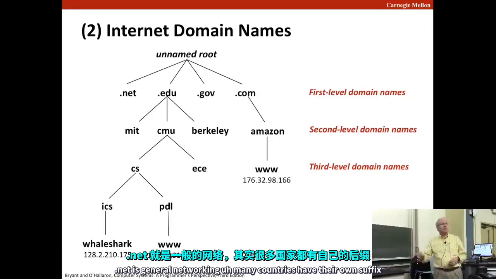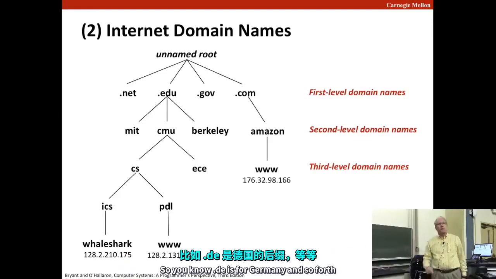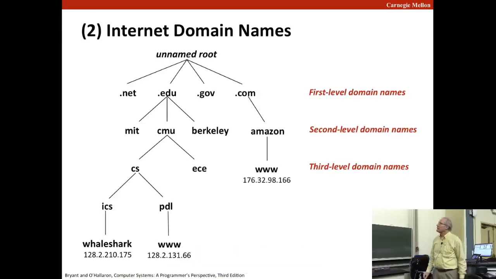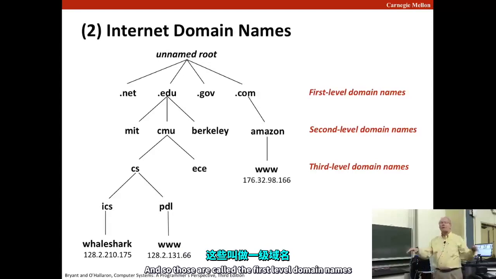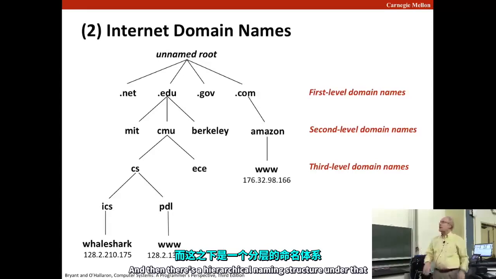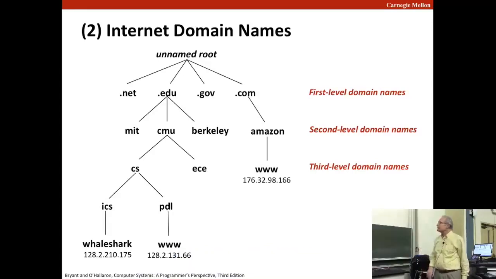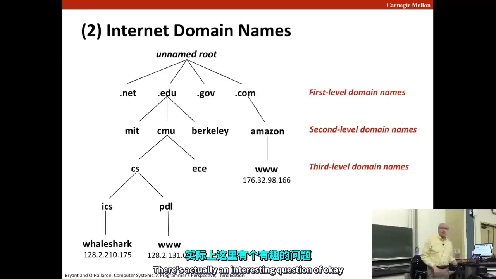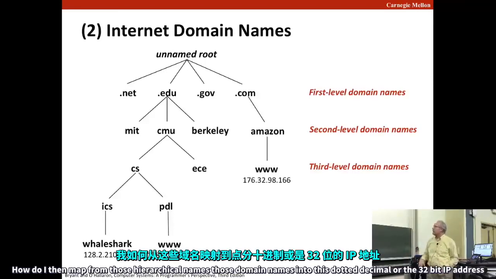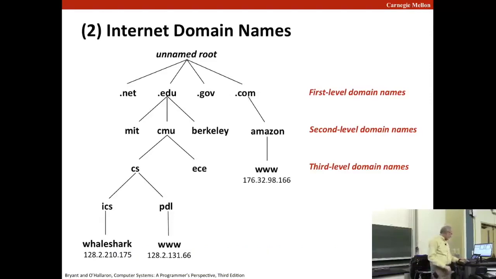Many countries have their own suffix, so .de is for Germany and so forth. Those are called the first level domain names, and then there's a hierarchical naming structure under that. And there's an interesting question of how I then map from those hierarchical domain names into this dotted decimal or 32-bit IP address.